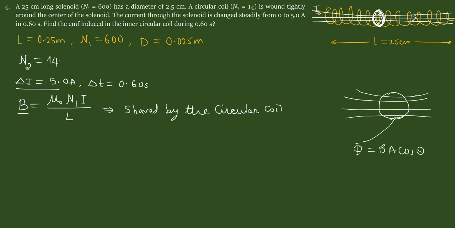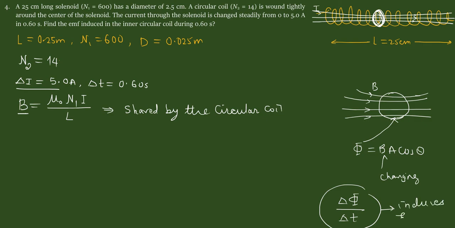That's the flux through this coil, and because this B is changing, we have change in the flux with time. So we have delta phi over delta t, and Faraday's law tells us that whenever there is change in flux, that induces the EMF or current. And that's what we want to find.